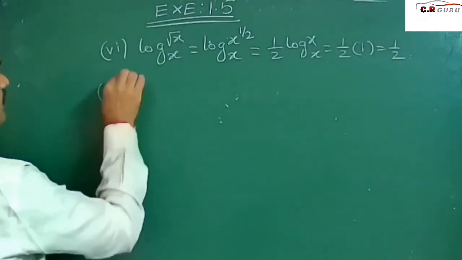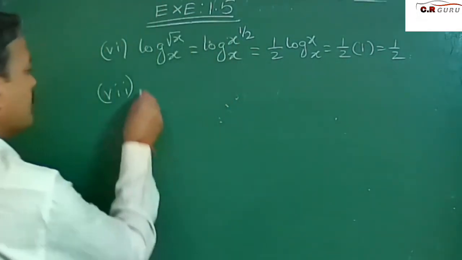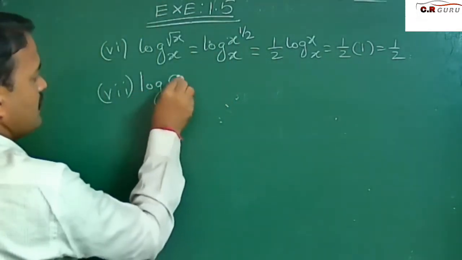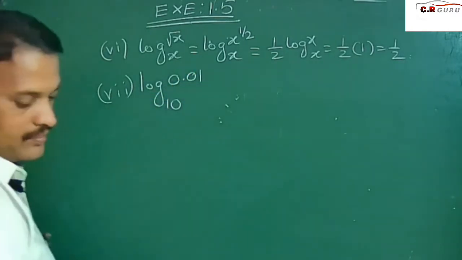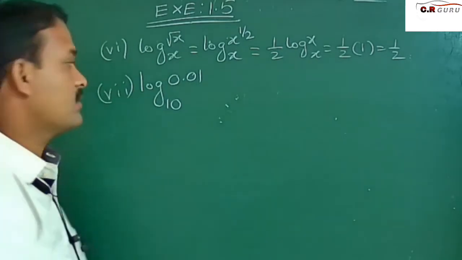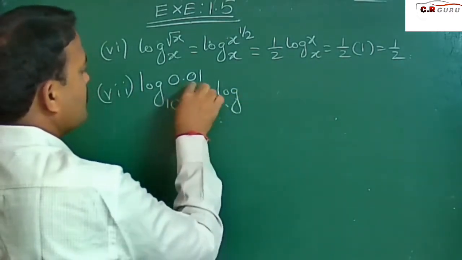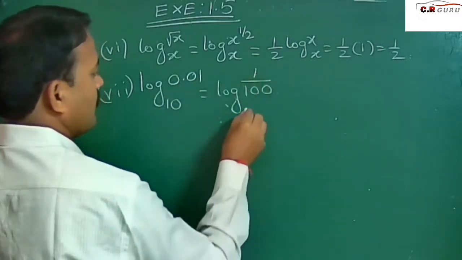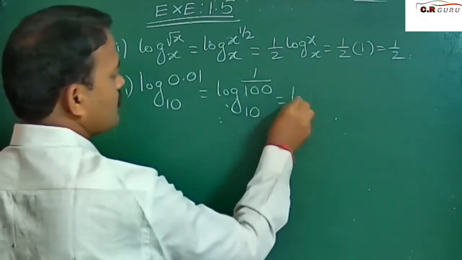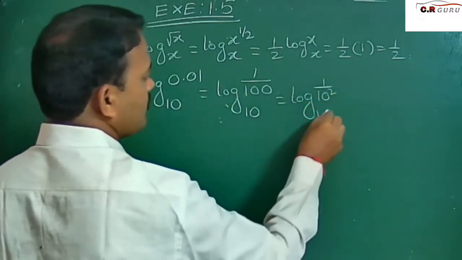The next, seventh sum is log 0.01 base 10. What is the value of this? 0.01 can be written as 1 by 100, and base 10, so log of 1 by 10 square base 10.